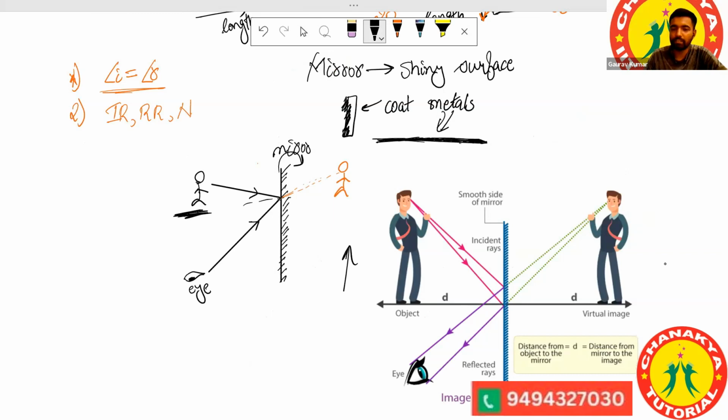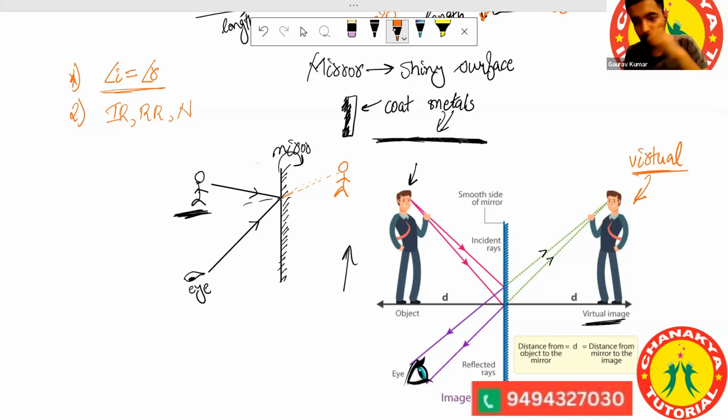The man is standing on this side, and the light is first incident on the mirror, then it is reflected to the eyes, and we perceive that this person is standing behind this mirror, right? So we call this image a virtual image. Tell me, is this a real man, or do we only perceive it as a real man?